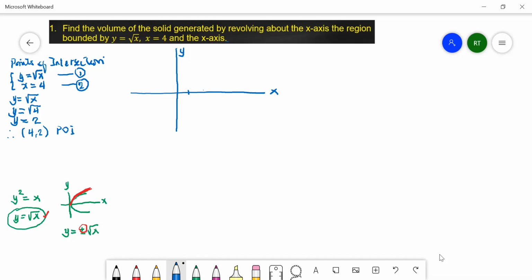The point of intersection is at (4, 2). So we call this point as the point whose coordinates are (4, 2). Make sure to label your graph. And at this point, you can now draw the line x is equal to 4. x is equal to 4 is a vertical line. This is the vertical line, x is equal to 4.